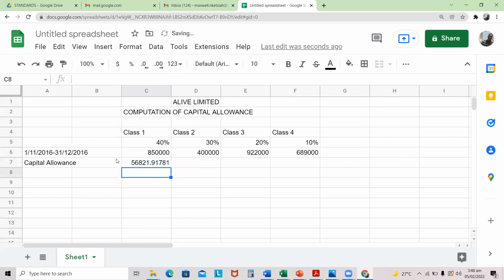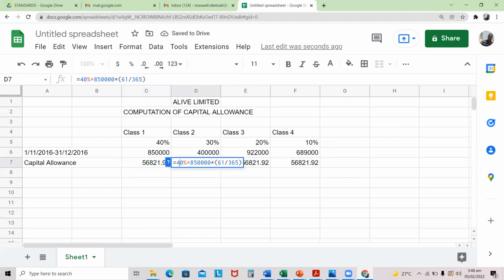Okay, so this is our capital allowance for class 1. So we can do it for all of them, but this one is 30%. Oh, let me do it again.